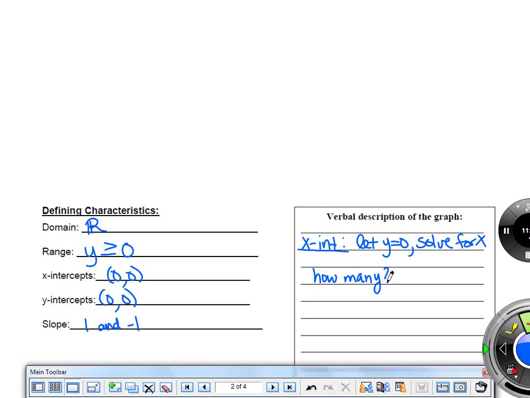Now I want to talk about, for absolute value graphs, how many x-intercepts do you expect? Okay. So how many x-intercepts did our parent function have? 1. It hit the x-axis at 1 point. Okay. So that's a possibility. Could you hit the x-axis at more than 1 point? Well, let's look back at our graph.